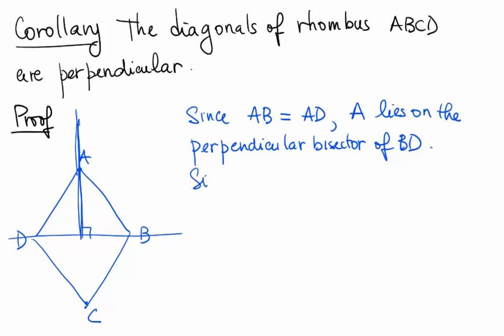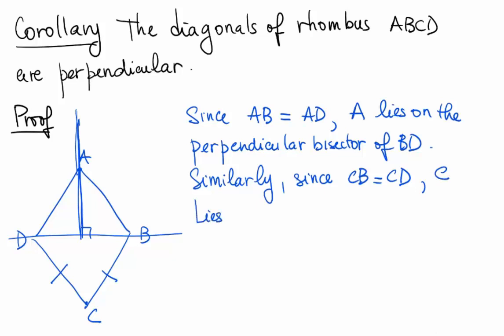Similarly, since CB is equal to CD, C lies on the perpendicular bisector of BD.